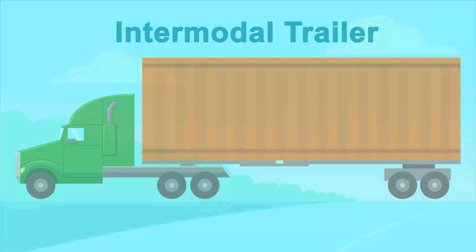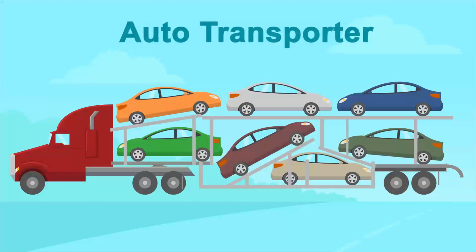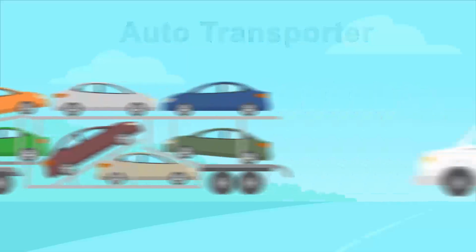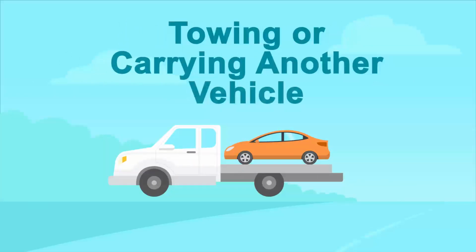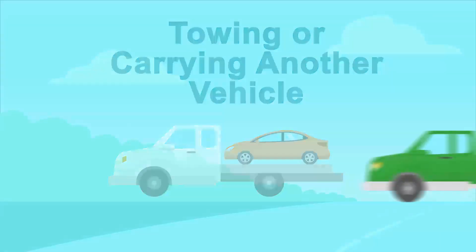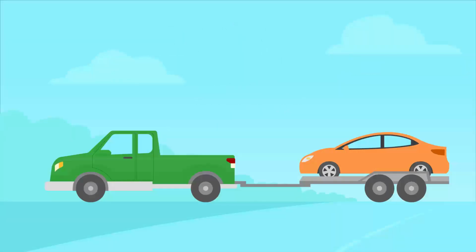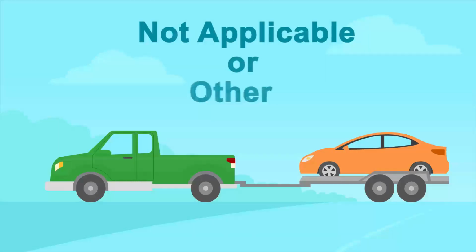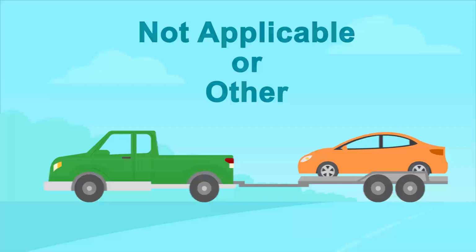The cargo body type auto transporter classification is used for trucks with a body specifically designed to transport vehicles, and the cargo body type vehicle towing or carrying another vehicle is used for wrecker type vehicles. If a towed trailer is carrying a lawnmower or another vehicle, then the cargo body type codes not applicable, unit not equipped for cargo, or other, explain in narrative may be selected and further elaborated in the narrative section.